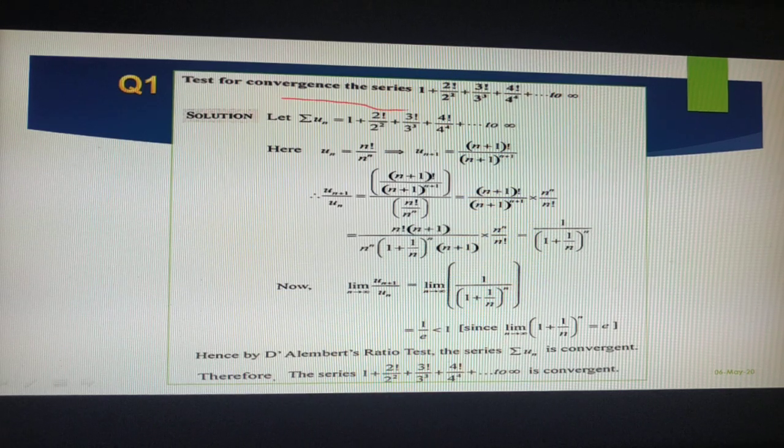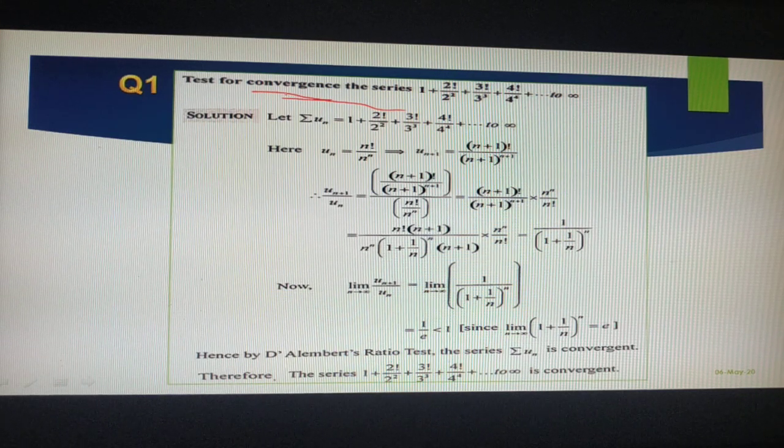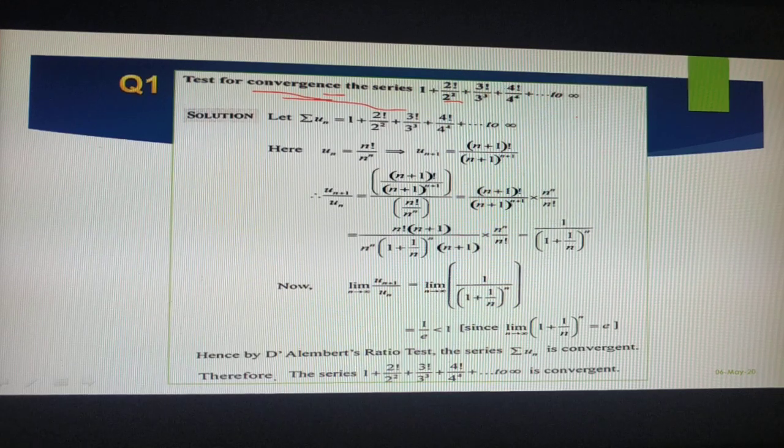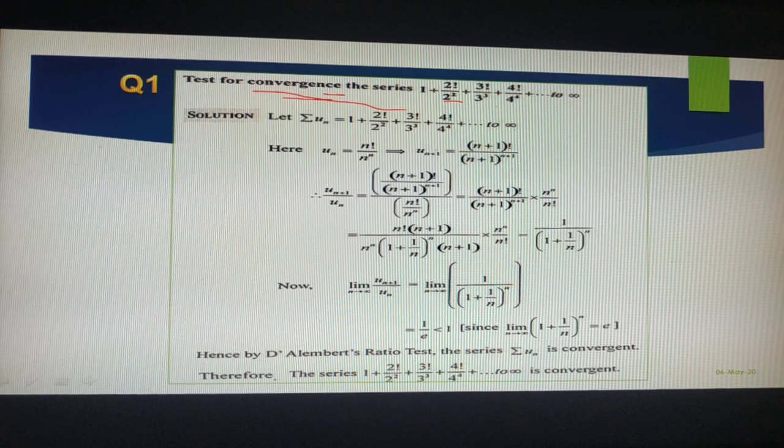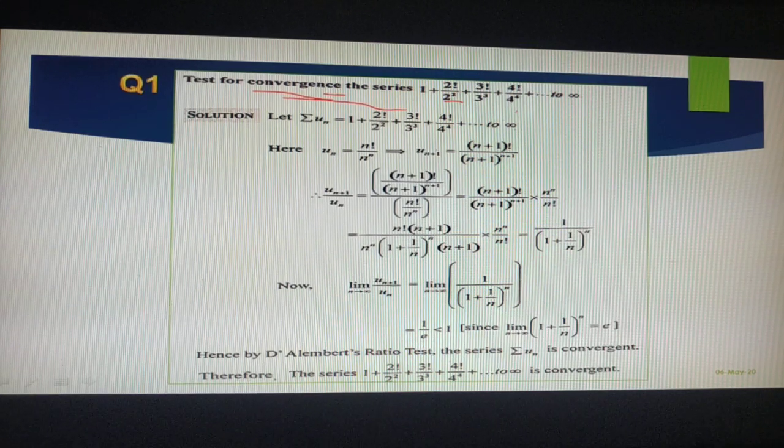So I have here one test for convergence. Whether it is converging or diverging, I don't know, so I'm just asking: test for convergence of the series. What is the main difference between Cauchy's nth root test and the D'Alembert ratio test? When should we apply which? In Cauchy's nth root test, all terms have some powers; the nth root terms always have powers.